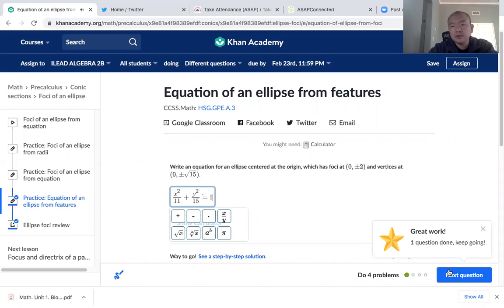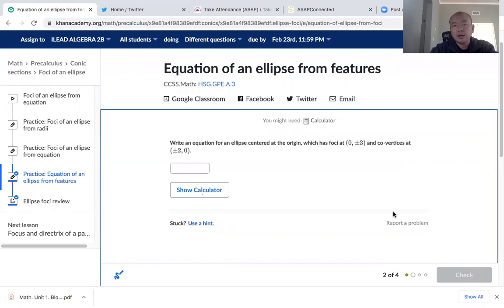Okay. So hopefully that will help you understand the next problem. So I'll just give you a little bit of this problem. Okay, remember the foci is at 0 plus or minus 3, and the co-vertices, notice that this is the minor. So this, again, is the same thing as the last problem, but they give you the co-vertices, and the co-vertices, notice, is on the x-axis.